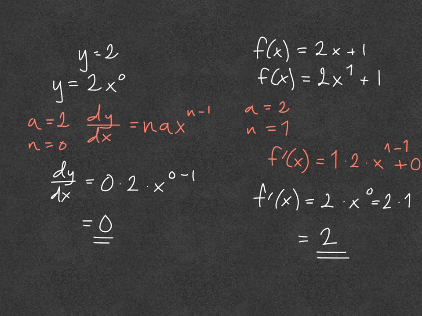And that's the same result as we already know how to find. So the gradient of a constant function is always 0, and the gradient of a linear function is the same number as we put in front of the x.